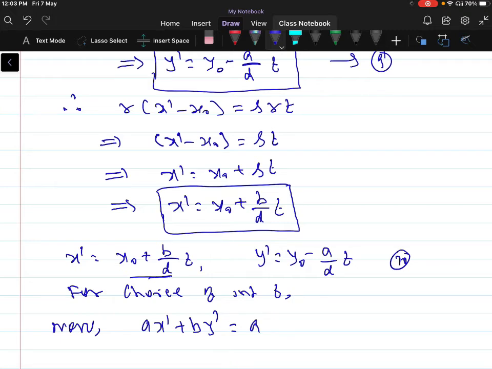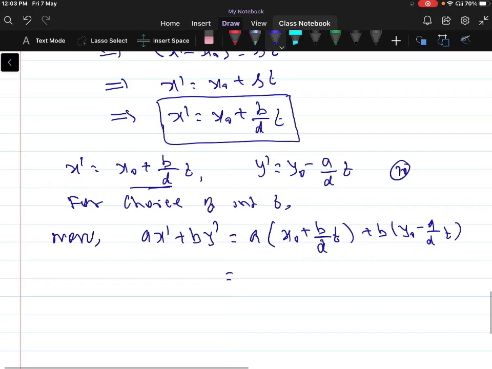So a into x naught plus b by d into t plus b into y naught minus a by d into t.